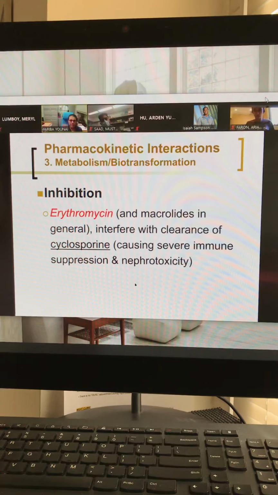So the drug builds up in the blood. It doesn't get metabolized as fast. So instead of having mild immunosuppression, which is what you need for prevention of organ rejection, she's going to experience profound immunosuppression, and it is also going to put her in the range of nephrotoxicity. So that is the drug interaction with macrolides, with cyclosporine being super sensitive to that kind of interaction. This is what I want you to remember from this case.